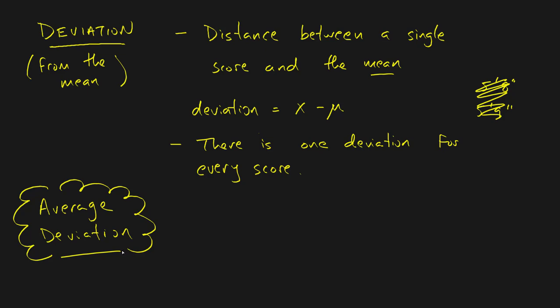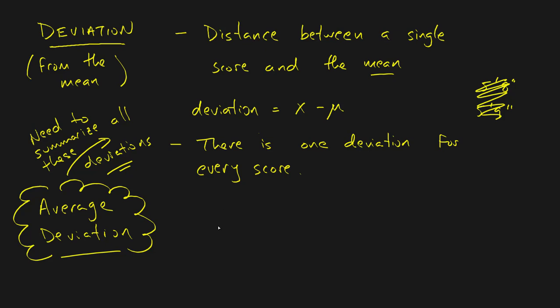And I cover that in my video where I talk about the variance and the standard deviation. But the average deviation was just the idea that we need to summarize all these deviations. Because we have so many of them, there's going to be as many deviations as there are data points.